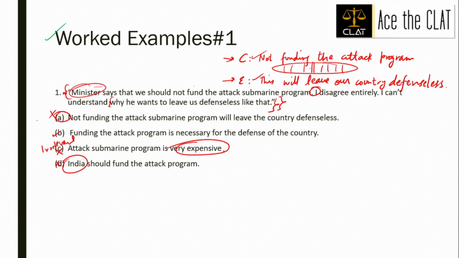Well, which country should fund the attack program is not mentioned in the argument anywhere. It is a very simple argument, right? The author is unhappy with the minister because he does not want to fund the attack program, and his evidence is that this will leave our country defenseless. That's all there is in this argument, and hence D also cannot be the correct option. So that's all in this example.